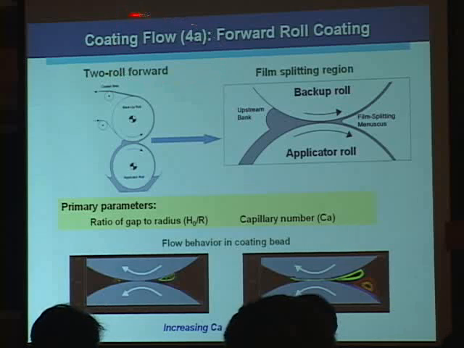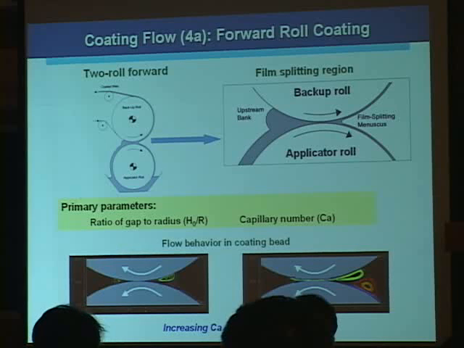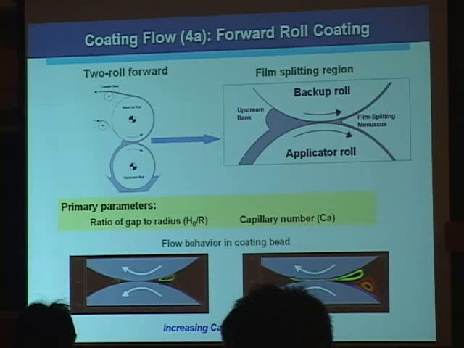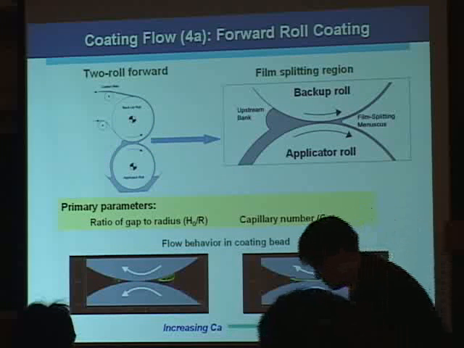This is the last example, the roll coating system. I will just briefly introduce some stability windows in forward roll coating and reverse roll coating processes. In the forward roll coating system, consisting of co-rotating rolls, there is one major instability. This is ribbing.